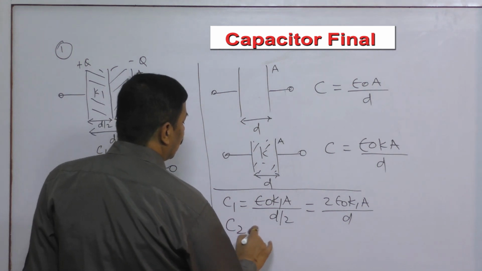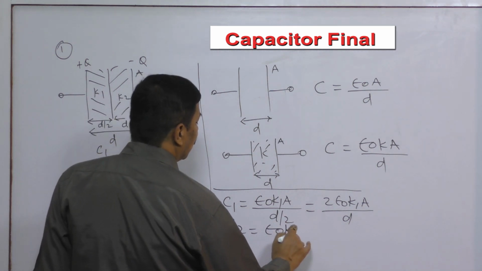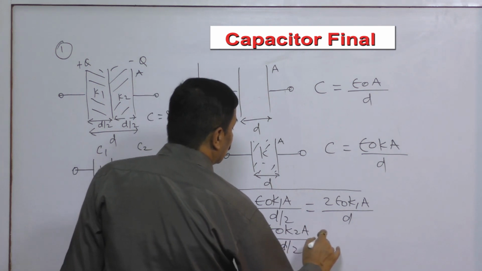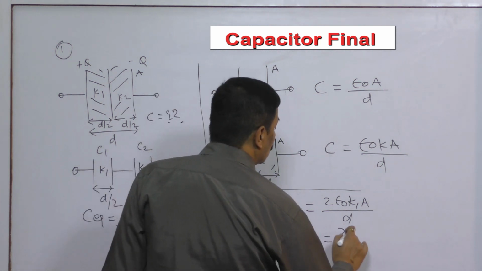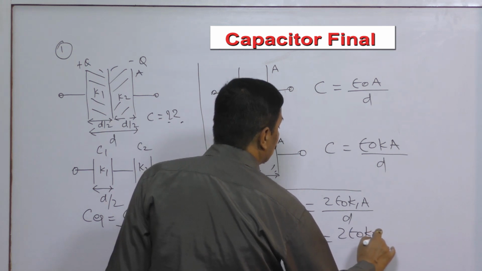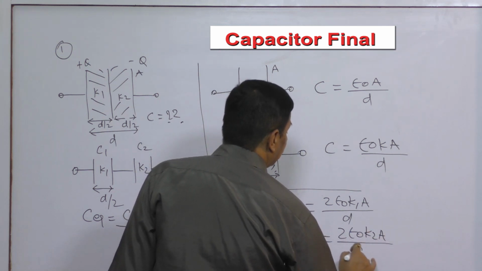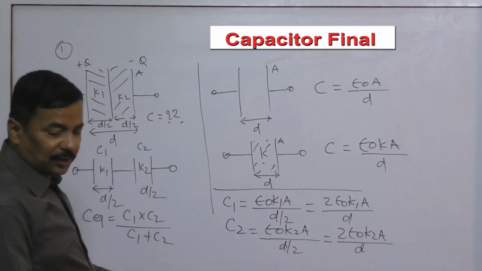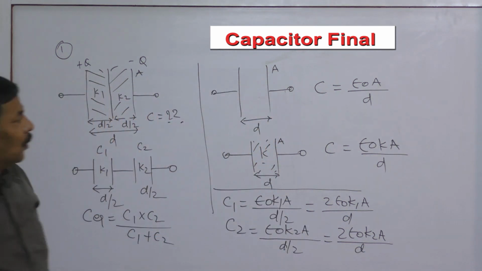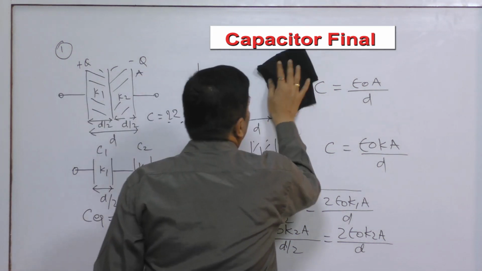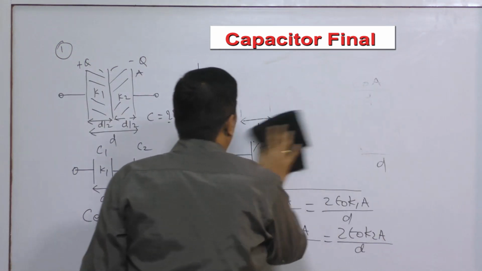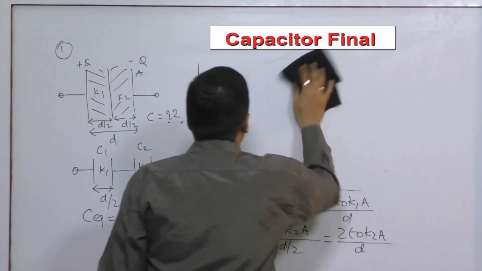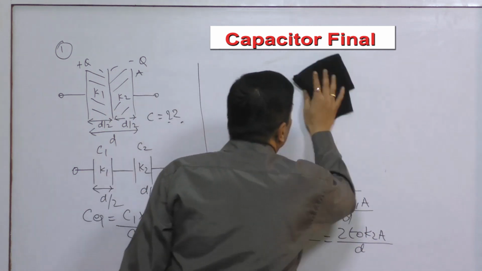C2 similarly we can write epsilon naught K2 A by D by 2. So this is giving you 2 epsilon naught K2 A by D. So we have got C1 and C2. Now only we will have to put the value and get the result. And if we are able to get the result, the problem is solved.